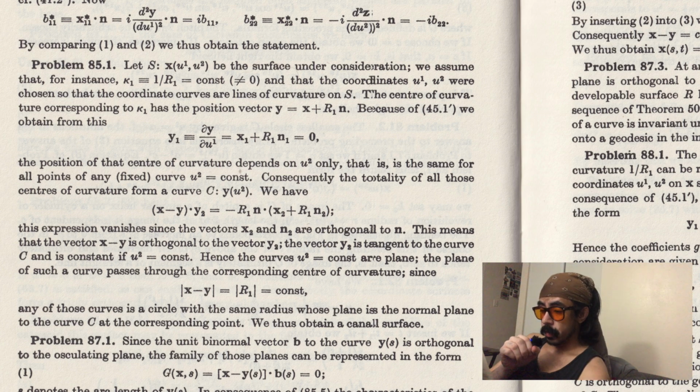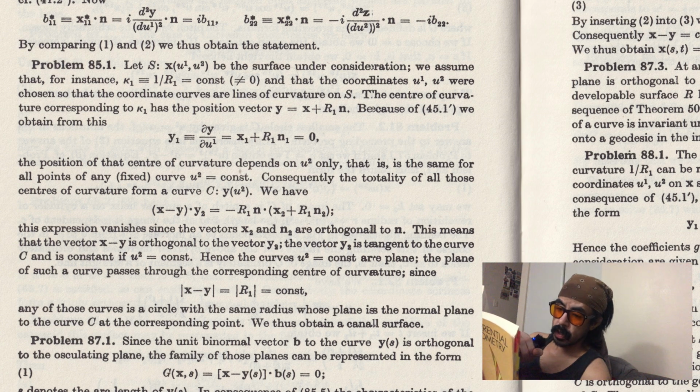Because of this, we obtain from this that the vector y1 is equivalent to partial y, partial u1. But that's not really what we want for this solution. We also want vector x sub alpha plus capital R sub alpha then times the vector n sub alpha that I just read is equal to 0, where capital R sub alpha is equal to 1 over kappa alpha, and again alpha is equal to 1 or 2, and these kappa alphas are principal curvatures, but that's the formula of O. Rodriguez.